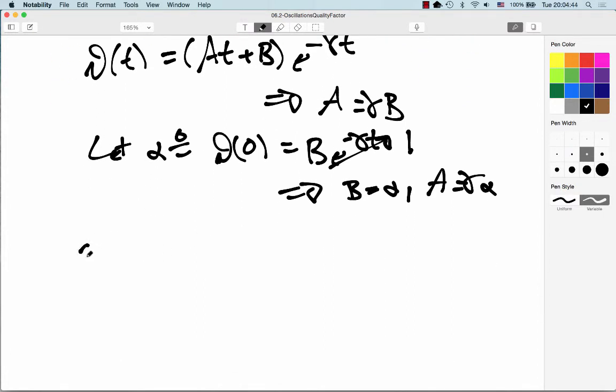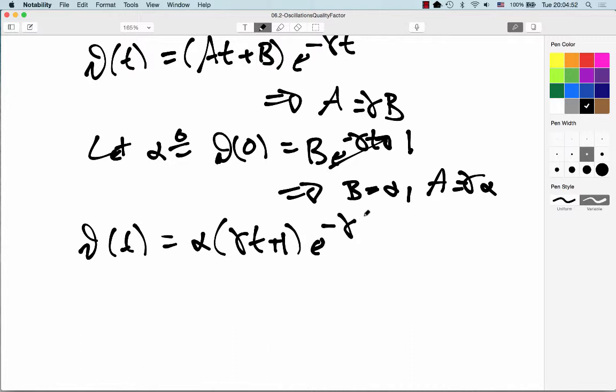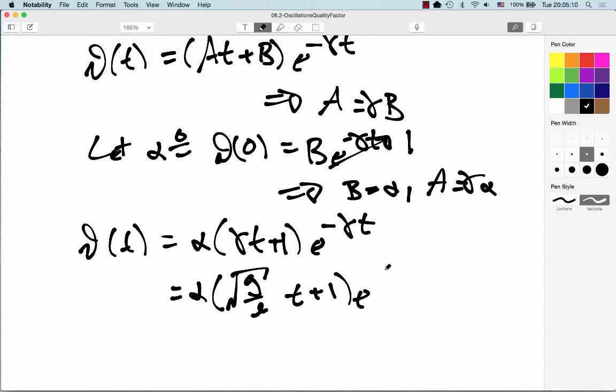So our theta as a function of time becomes alpha times (gamma t plus 1) e to the minus gamma t. Putting in what those tidbits are, that's going to be alpha times (the square root of g over L times t plus 1) e to the minus root g over L times t.